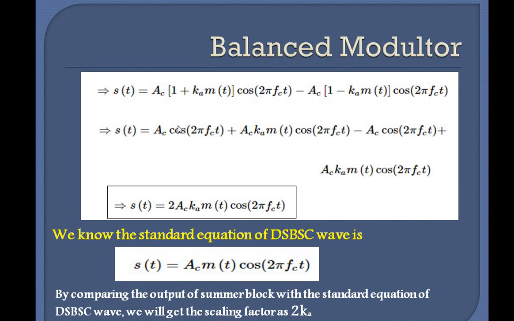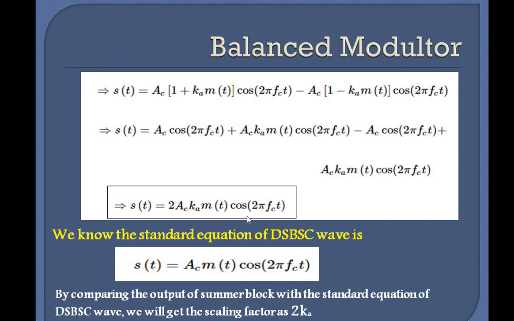I'll multiply and get Ac cos 2 pi fct plus Ac Ka m of t into cos 2 pi fct, then minus Ac into 1 into cos 2 pi fct, minus Ac cos 2 pi fct, plus again minus and minus Ka, minus into minus, what will I get? Plus, right? So it is plus Ac Ka m of t into cos 2 pi fct.